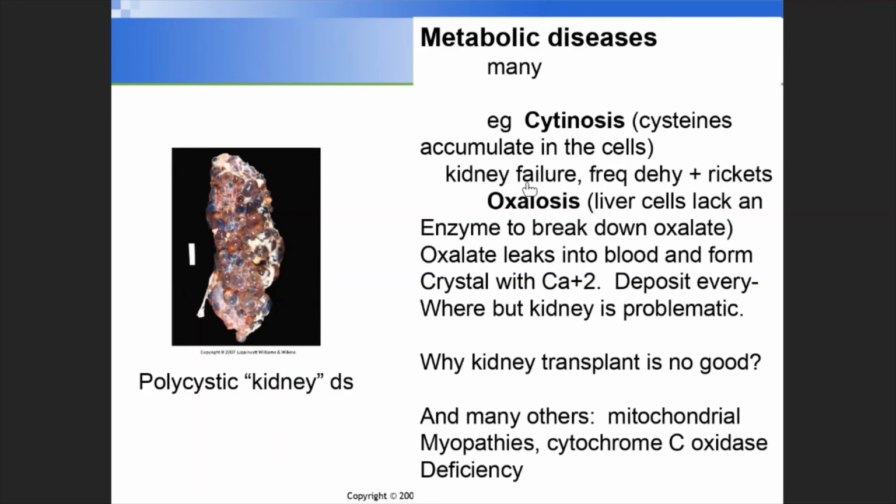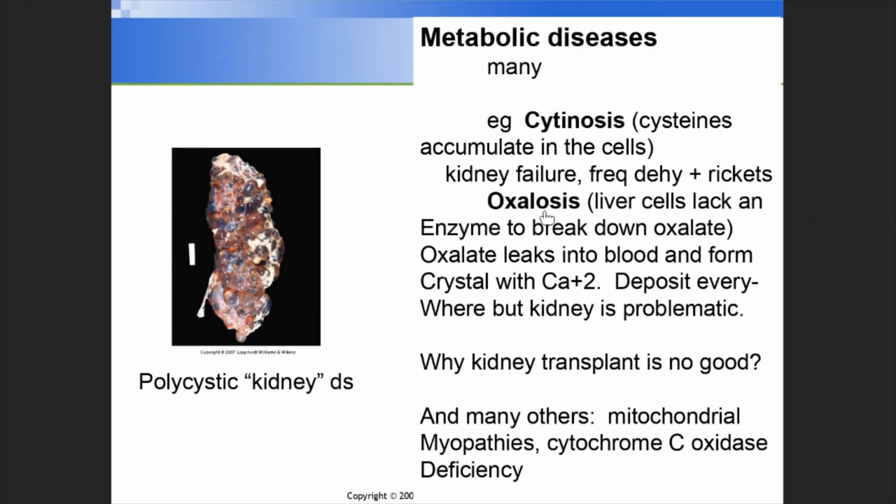And because of the kidney failure, they lose a lot of sodium, potassium, and calcium as well. And so if you have low calcium, you can have rickets, like bow-legged boys and stuff like that. That's the typical rickets.